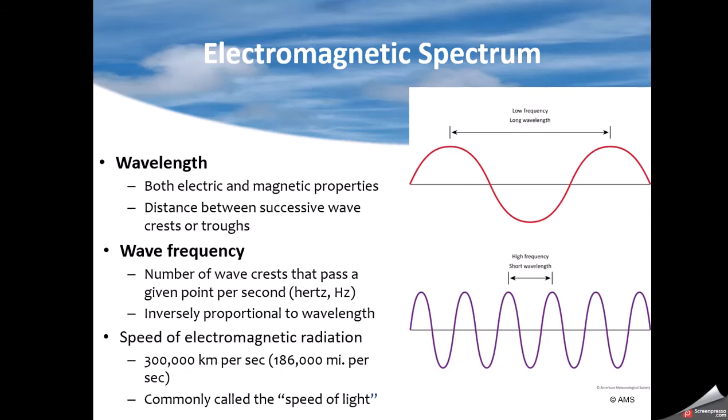So let's get a little bit of understanding of what an electromagnetic wave is. If you've ever been out in the ocean and you get hit by a wave, a little bit later the water goes back down, maybe to your knees, and then you get hit again. Well, the peaks in those waves, the highest points, the distance from one peak to the next peak is the wavelength. The same holds for an electromagnetic wave.